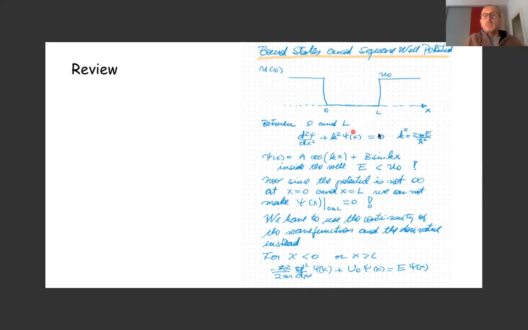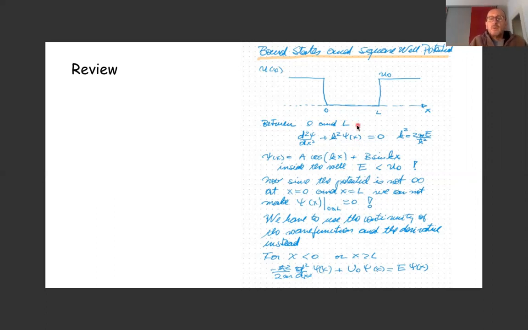We understood that the wave function is not really a measurable thing. What is really important is the square of the wave function, which is proportional to the probability of finding the particle in a certain position in space.